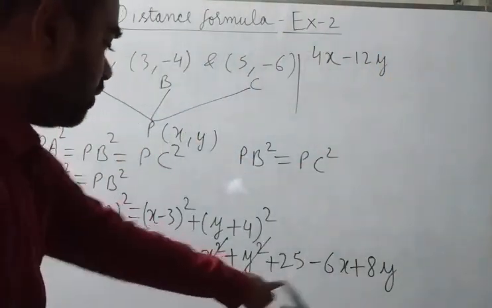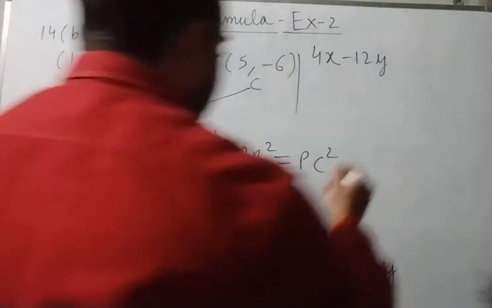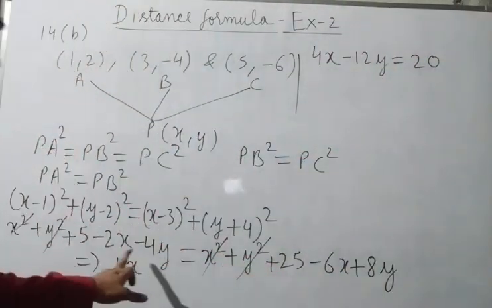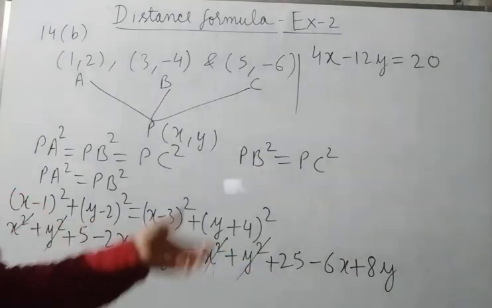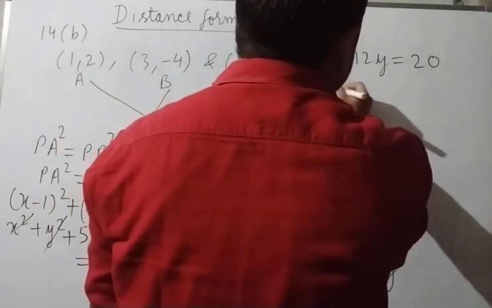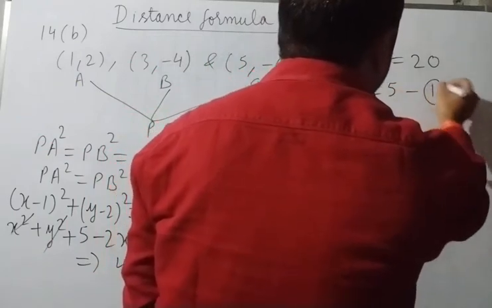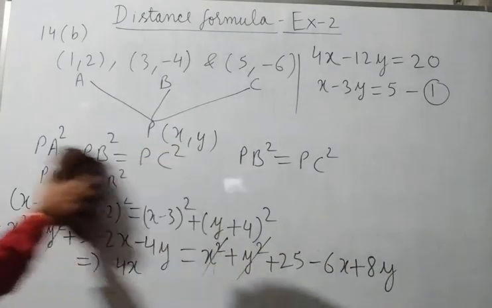Then 5 is transposed, so finally we have 25 minus 5 equal to 20. So finally this will be x minus 3y equal to 5. One equation, correct?